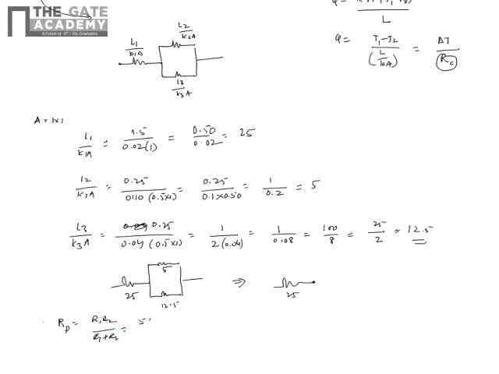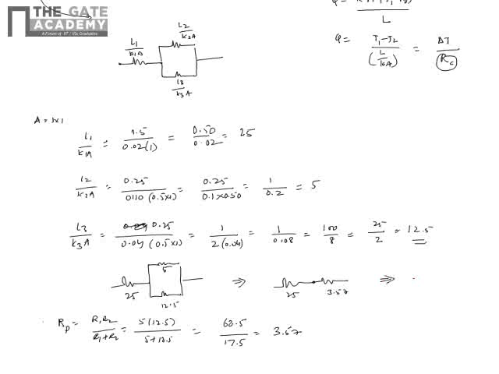So it is 5 into 12.5 by 5 plus 12.5. This comes out to be 62.5 by 17.5, which is nothing but 3.57. So that is your R parallel effective, 3.57.